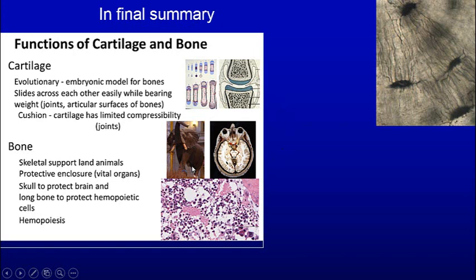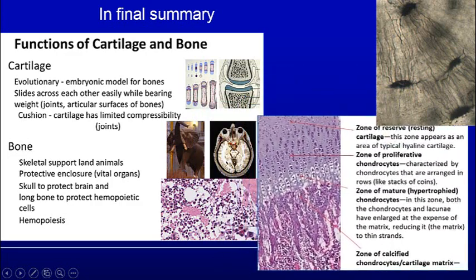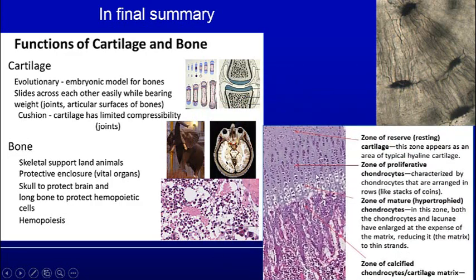It provides support of stature, and it supports hematopoiesis. And also, when bones are growing, it benefits from cartilage. It grows in length by soliciting cartilage to divide by interstitial growth, which bone cannot do, and then it replaces the cartilage with bone.